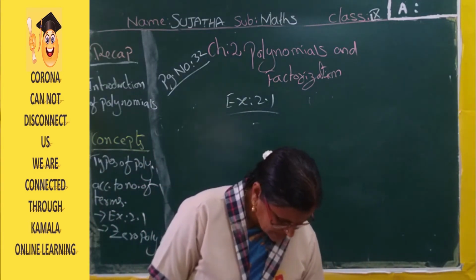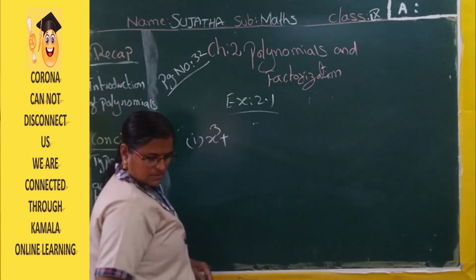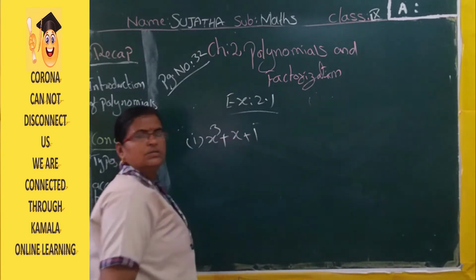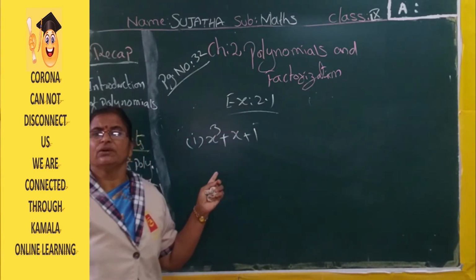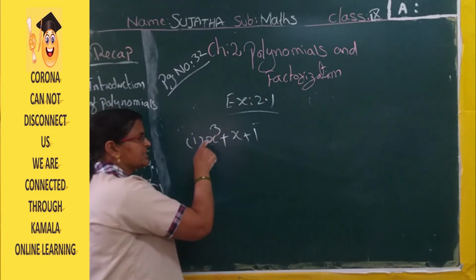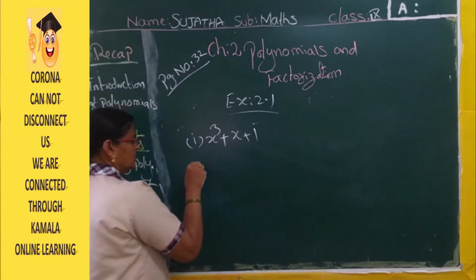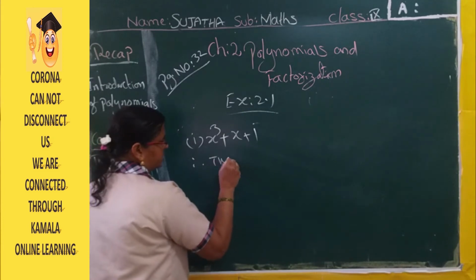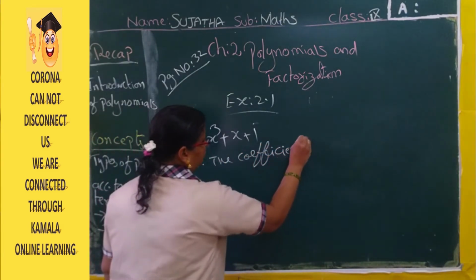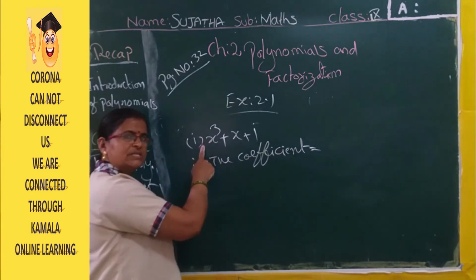Easy. First one, x cube plus x plus 1. So, what is the coefficient of x cube? Here there is no number beside this x cube, which means the coefficient is always 1. So you have to write it like this: the coefficient is equal to 1, there is no number beside x cube, so it is always 1.